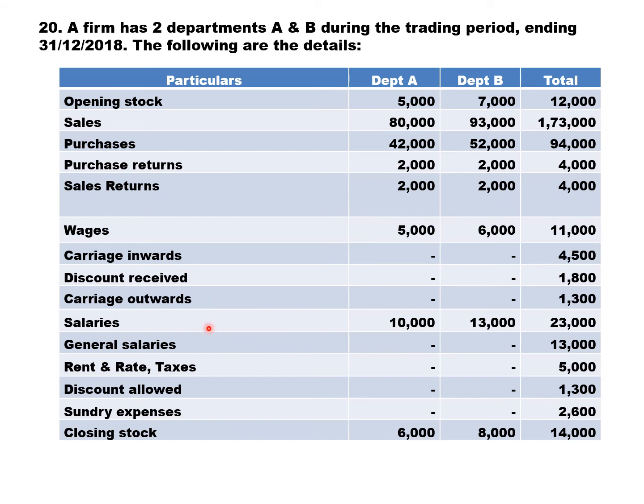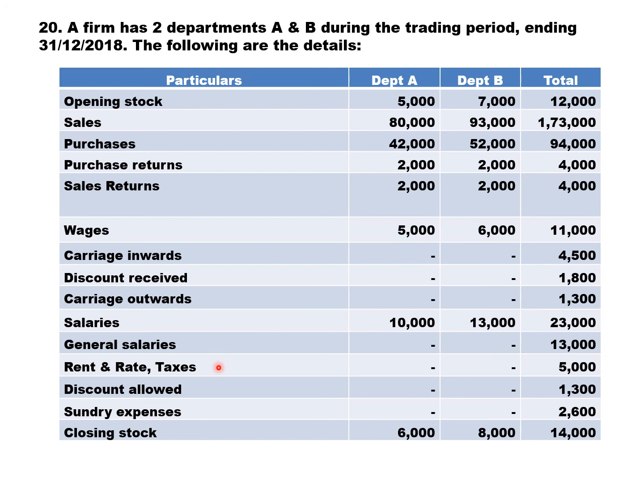Salary will come in PL account, no distribution. They have only given you a separate amount. General salary will come in PL account, and general salary to be distributed in sales ratio as mentioned in the question.